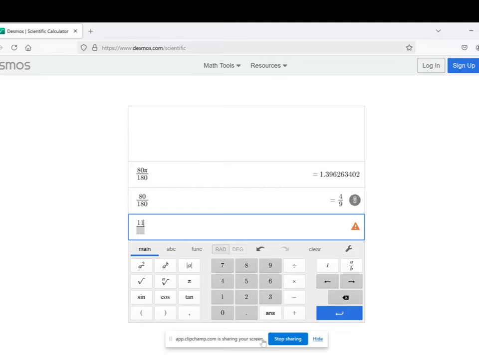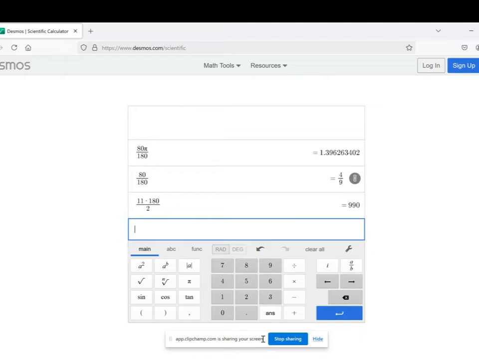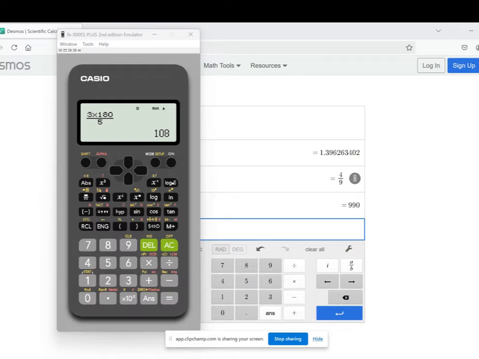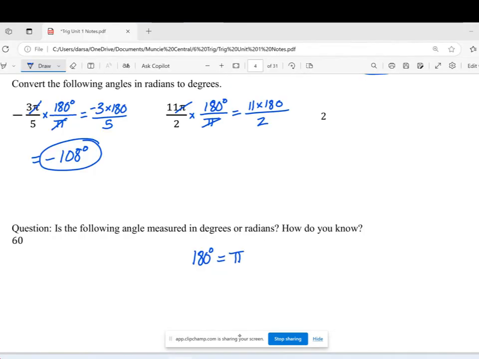We'll do 11 times 180 on the top, and hitting our arrow, we'll put a 2 on the bottom, and that is 990 degrees. Notice that that is bigger than 180, and we would have gotten something similar if we had used our calculator. So 990 degrees.